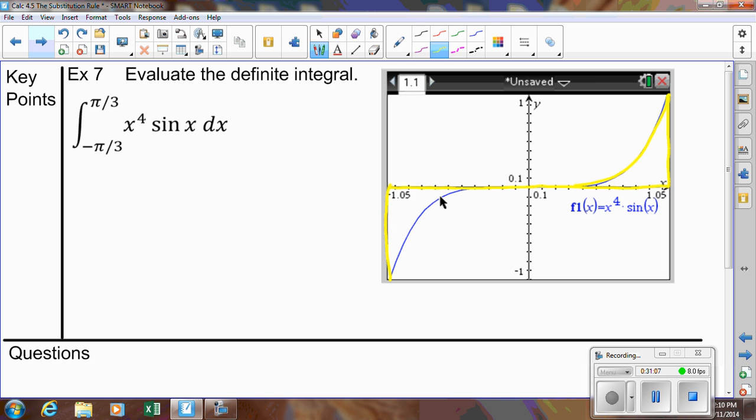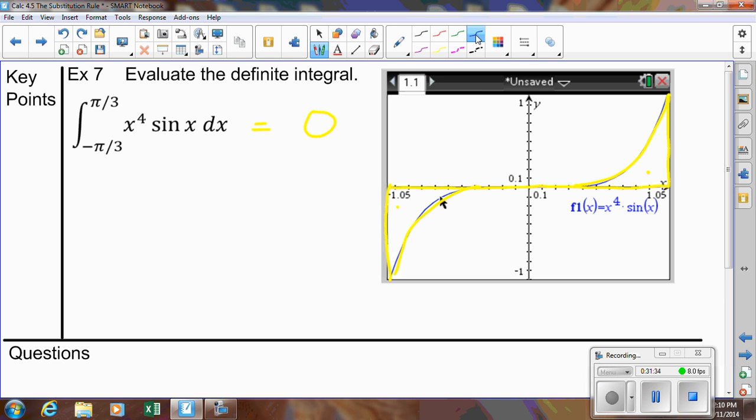Because it has rotational symmetry, this area is negative, this area is positive. The overall answer is just 0. We don't need to know anything about the antiderivative, and we don't need the fundamental theorem of calculus. We just know the areas are going to wipe each other out because it's an odd function.